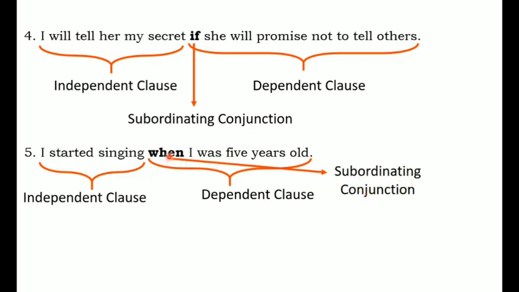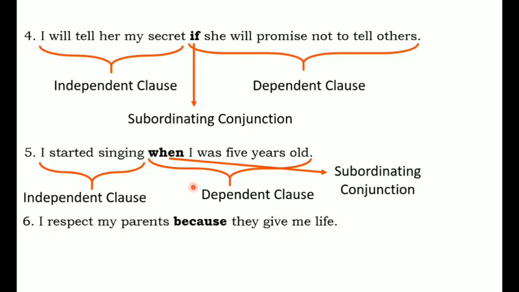Again, the purpose or the function of this subordinating conjunction is just to introduce the dependent clause and to connect this to the independent clause. Alright. Number 6, I respect my parents because they give me life.